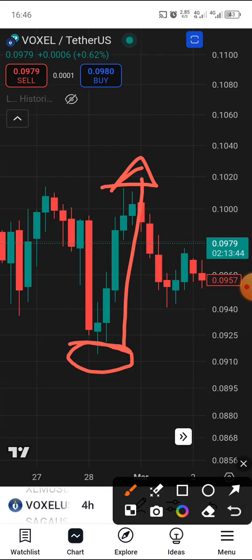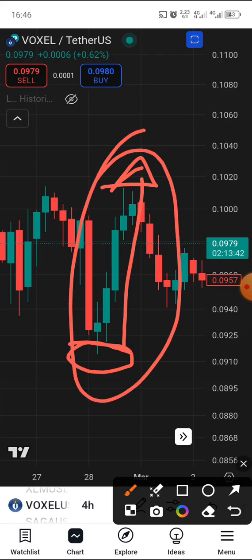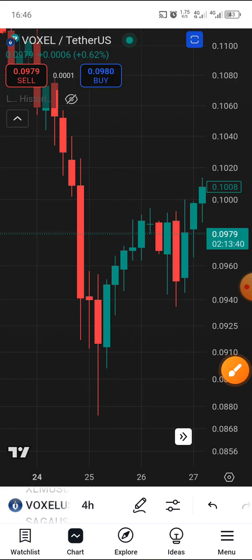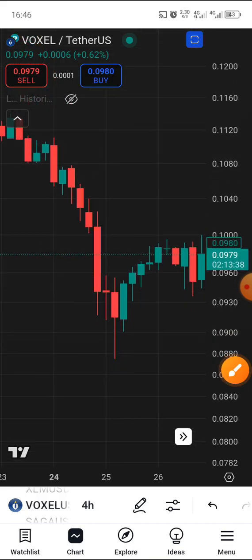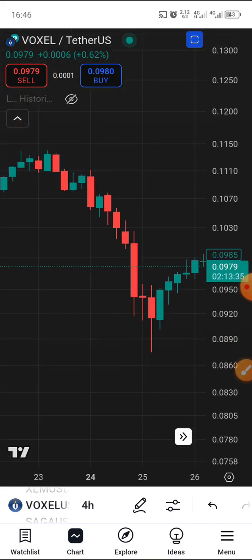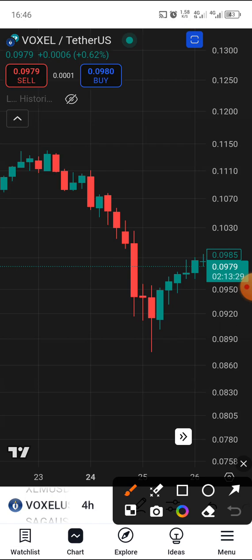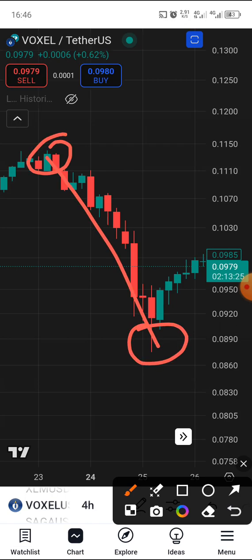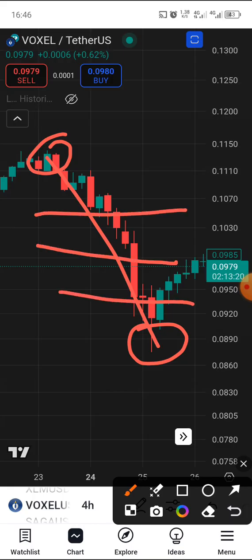And vice versa, if you find that the coin is on a downward trend, you'll press your Fibonacci starting from the highest point, then stretch it downwards to the lowest point, and it will provide the lines of support and resistance.